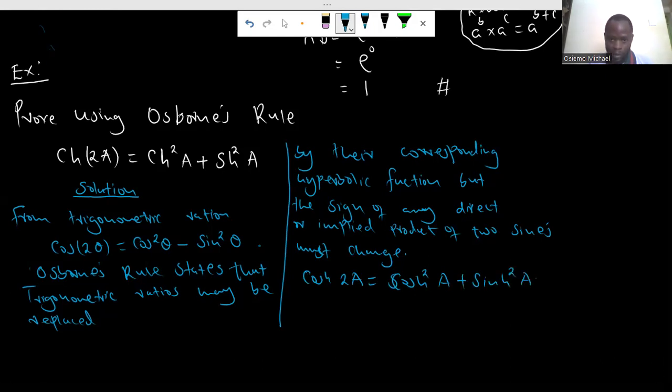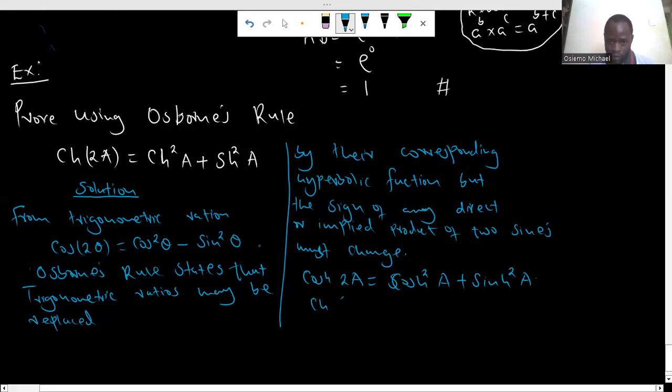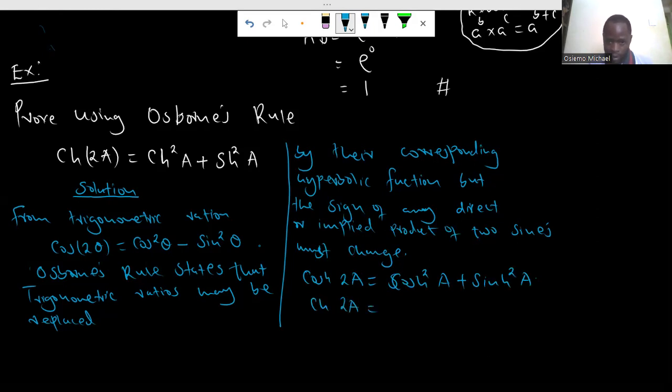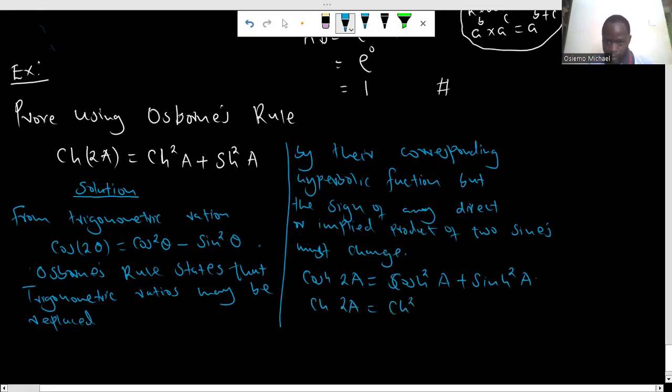In short, ch of 2a is equal to ch squared of a plus sh squared of a. And that becomes the end of the proof.